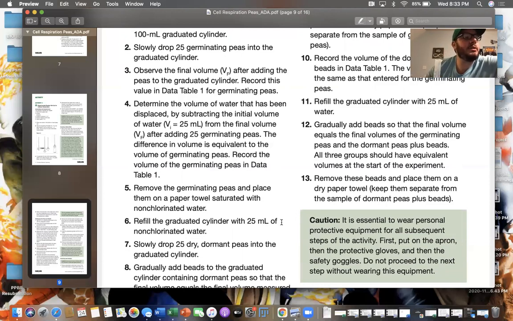Okay, we're going to get those out of the way. And then I am refilling the graduated cylinder with 25 milliliters. So I'm going to do that over my water bath again. Spilled that everywhere. That went a little bit too much, so. Okay, so I'm at 25.